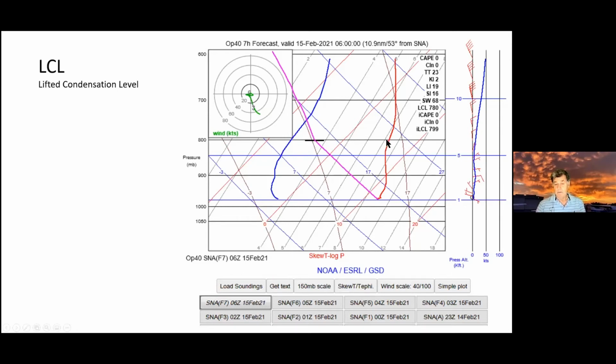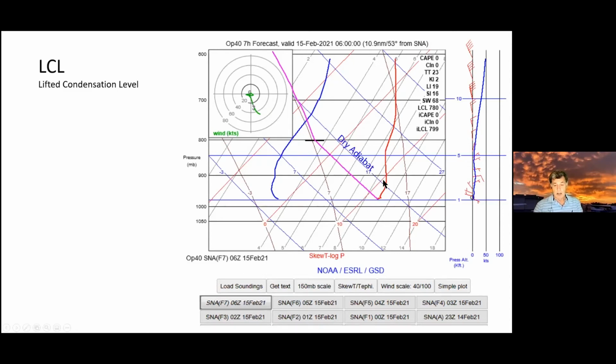There's no chance of convective activity here because that lifted parcel is going to stay colder than the dew point and the environmental temperature. So there's no chance of convective activity here in this drawing, but I would get clouds if I had a lifted parcel.